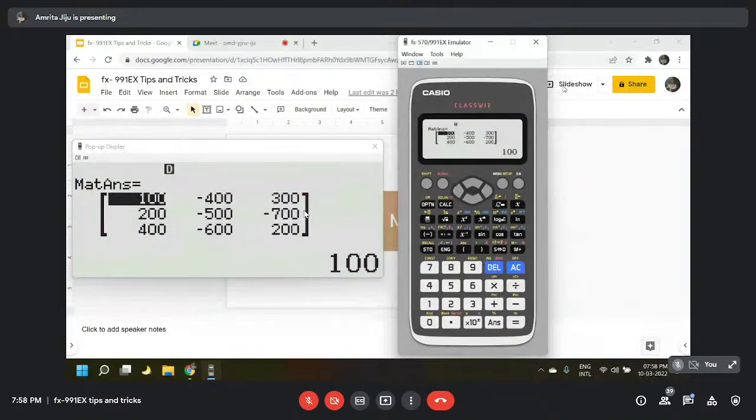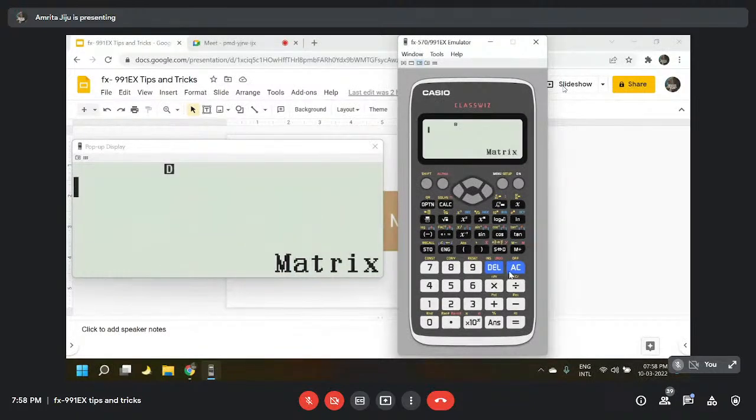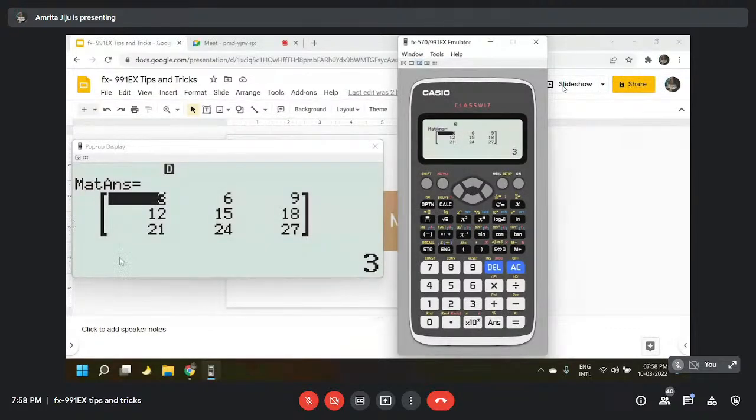You can also do all the basic calculations like 3 into matrix A. Just say a constant number into matrix A. That's how you multiply a particular matrix. So that's the basic matrix operations that we can do with a calculator.